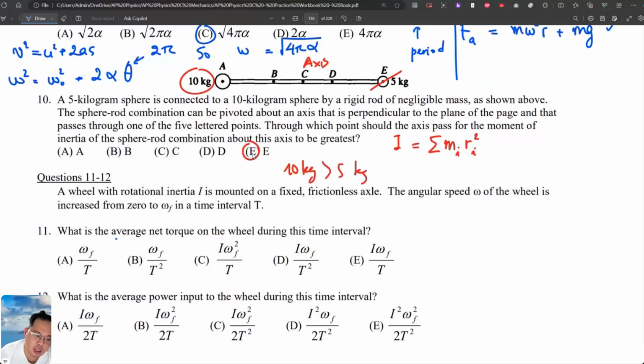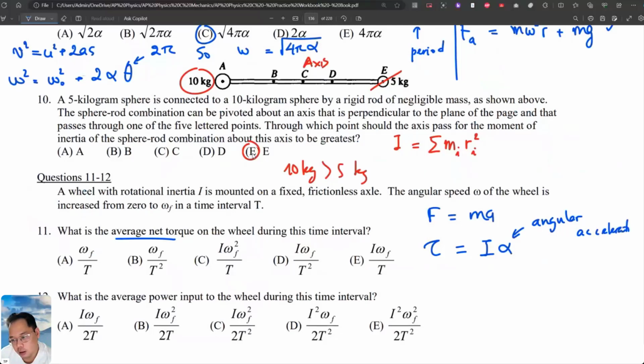Okay, average net torque, similar to the equation F equals ma. The torque will be equal to the rotational inertia I times the angular acceleration alpha.